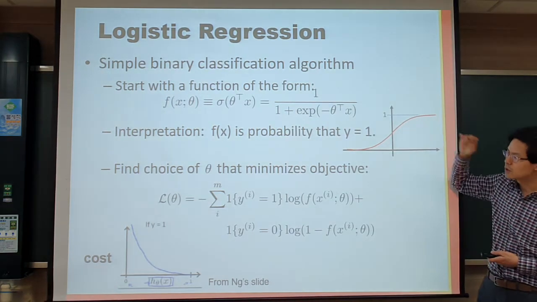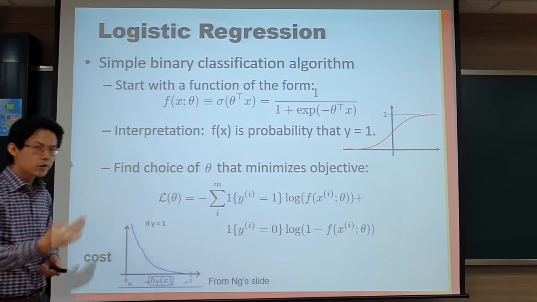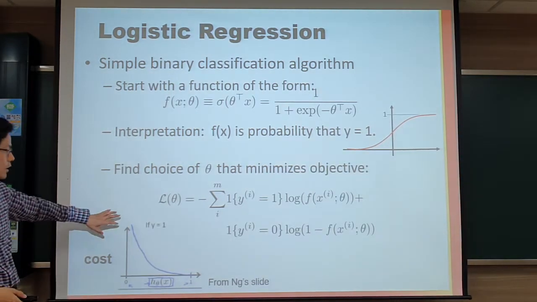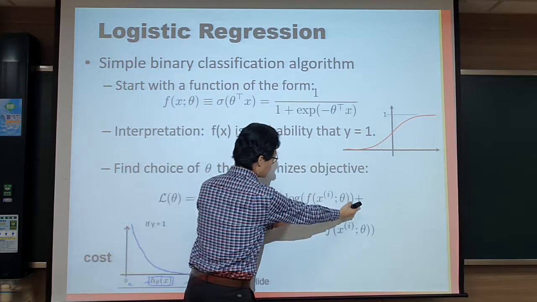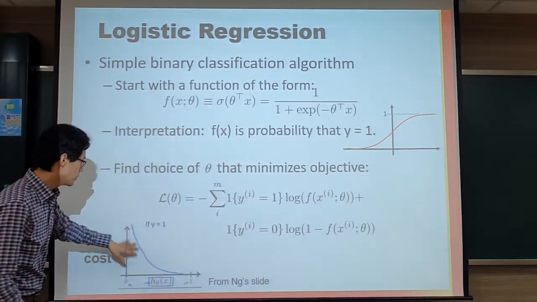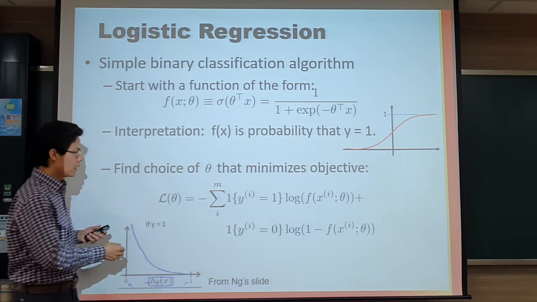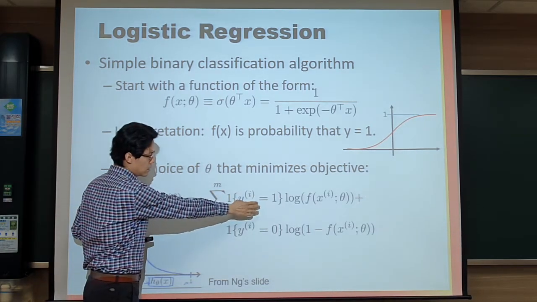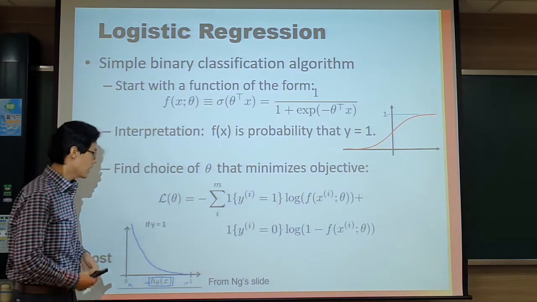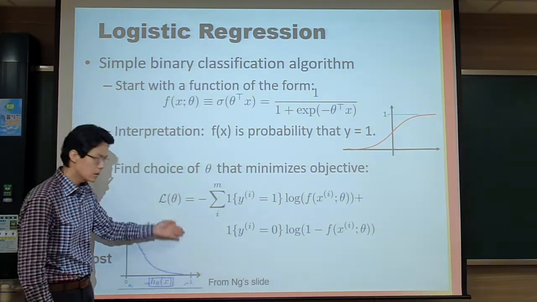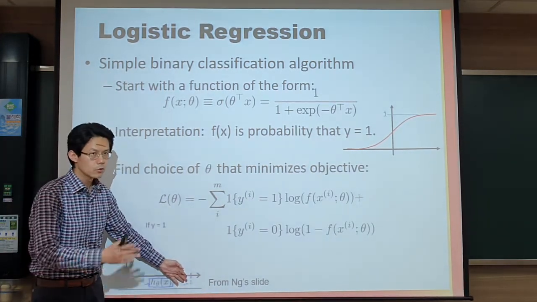To do that, we need to provide some sort of cost, some sort of penalty, some sort of loss function. The function corresponding to the shape over here is the cost. In this case the ground truth label is 1. If we show the probability of 1 here, it's correct, so we don't give any penalty. It looks good, we don't change it.